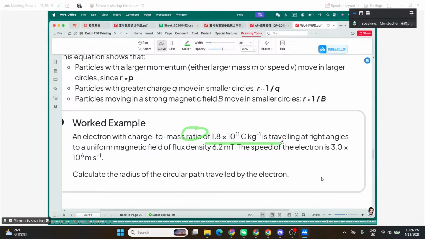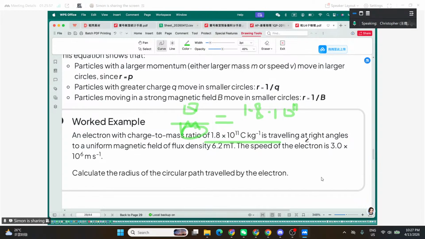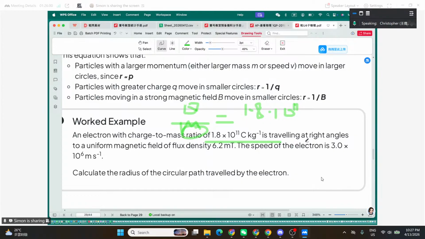The charge to mass ratio is Q over m, and the value is 1.8 times 10^11. The next step is to flip it first, and then times the speed, so it has mv, and then divided by the flux density.